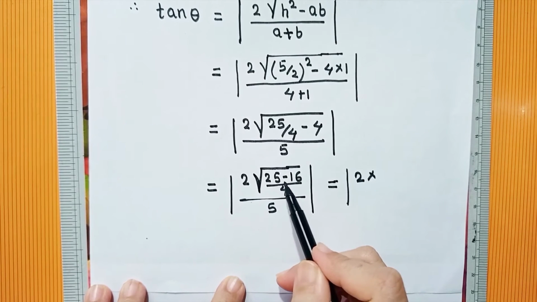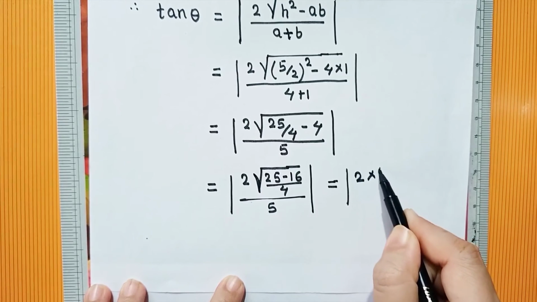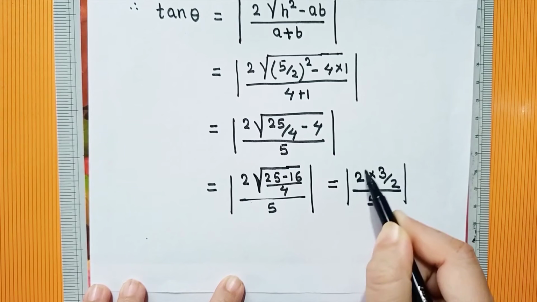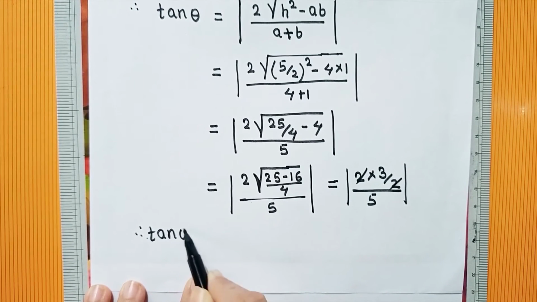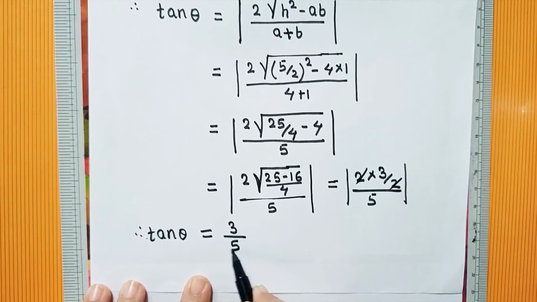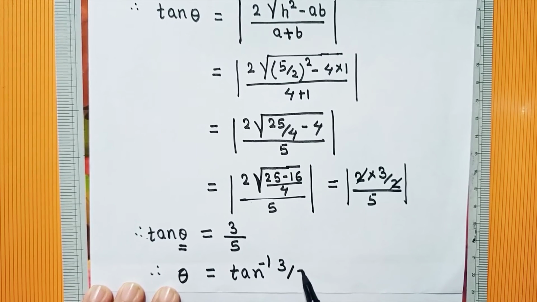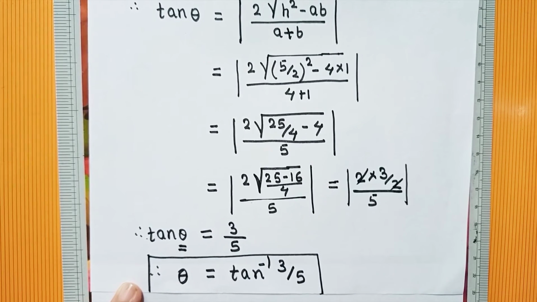Now look here, 25 minus 16 is 9, 9 upon 4, and its square root is 3 upon 2, and this denominator as it is, this 2 get cancelled, and therefore we have tan of theta equal to this 3 upon 5, but question is find the angle, and therefore we have theta is equal to, move this tan here, tan inverse of 3 upon 5. This is the angle between the given lines.